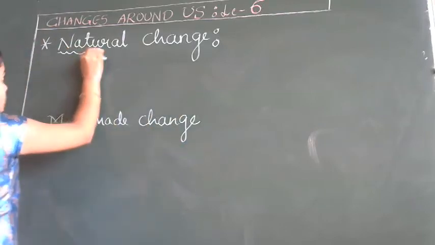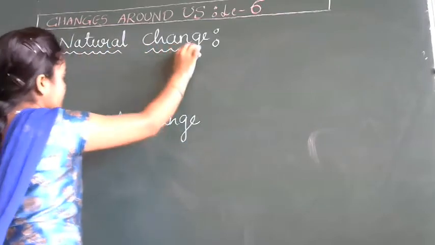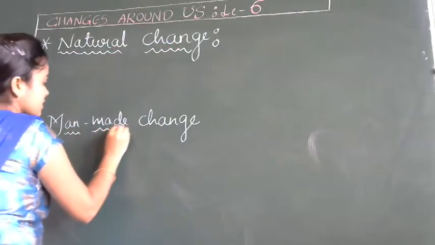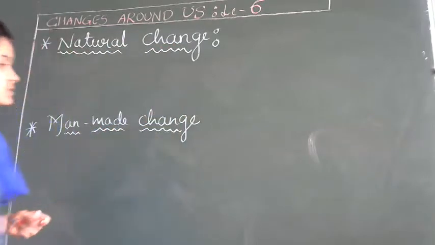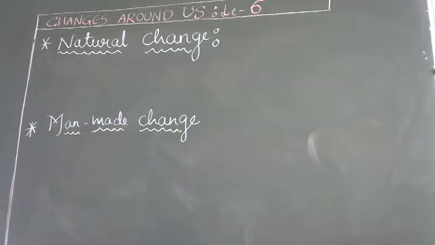So these are the two types of changes. What are natural change and man-made change? Right? Now we will see what natural change is. Write it here on the board.